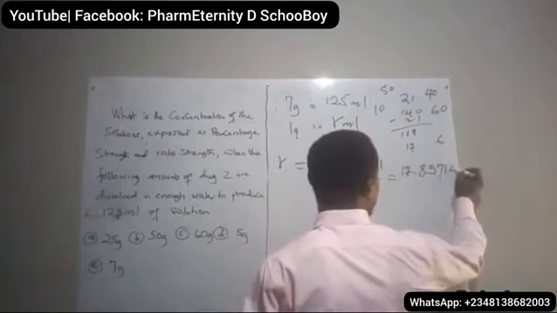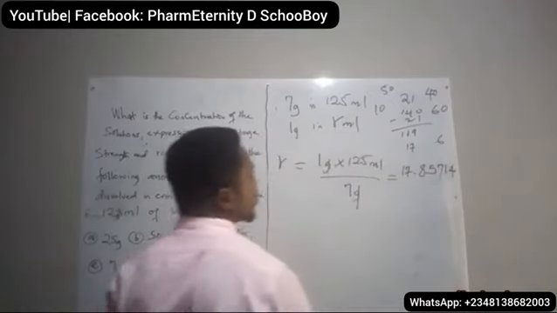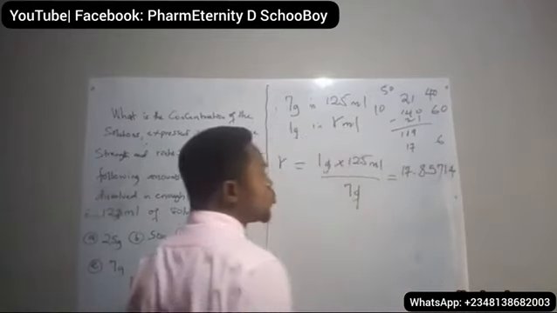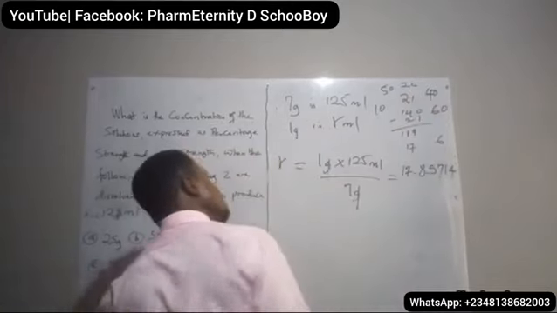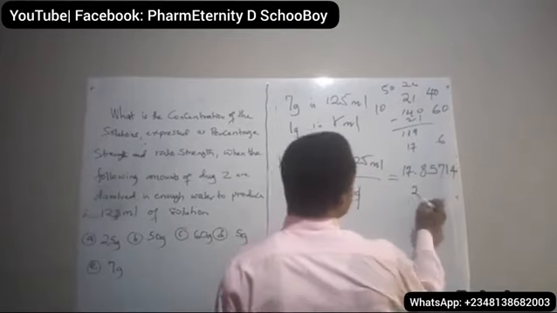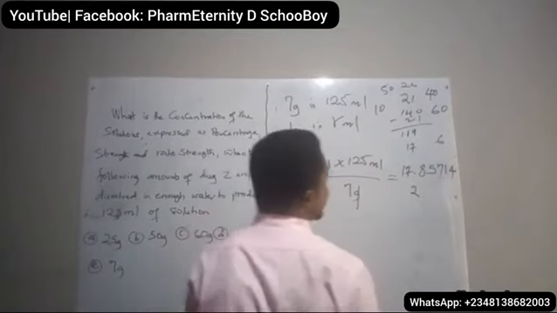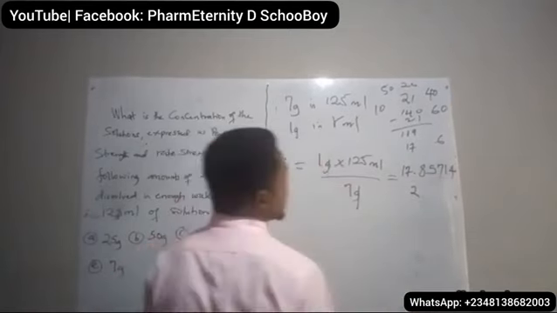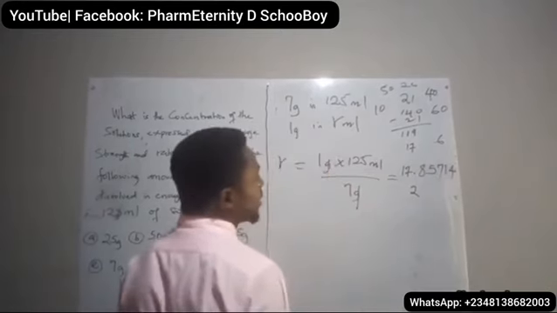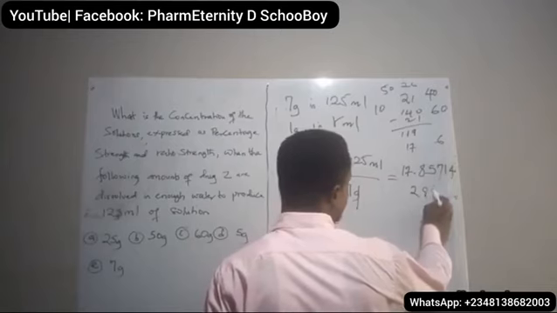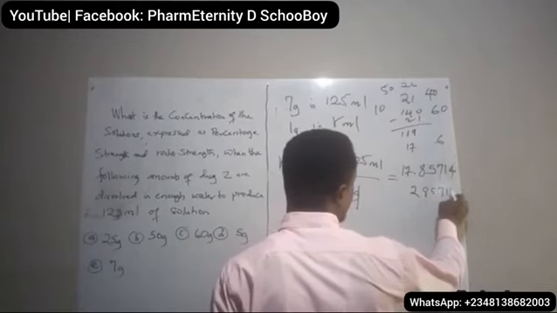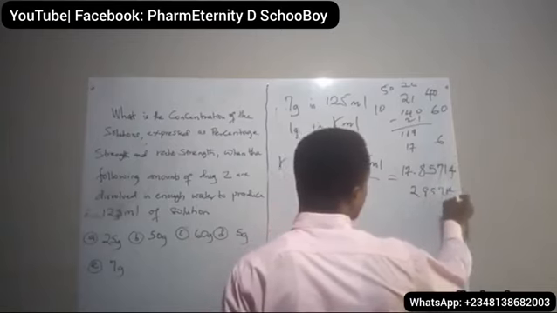We have 4, remainder 2. Add 0, it becomes 20. We have 2, remainder 6. From here it becomes a recurring decimal. This 714 will continue again.